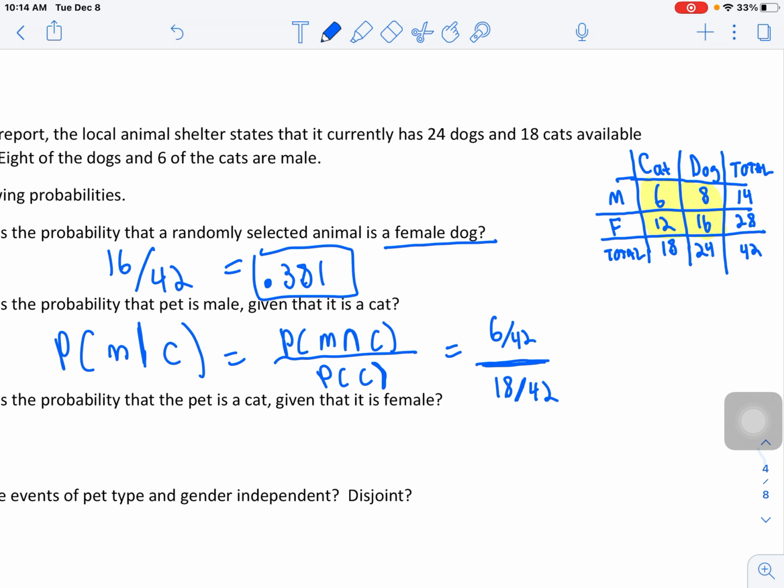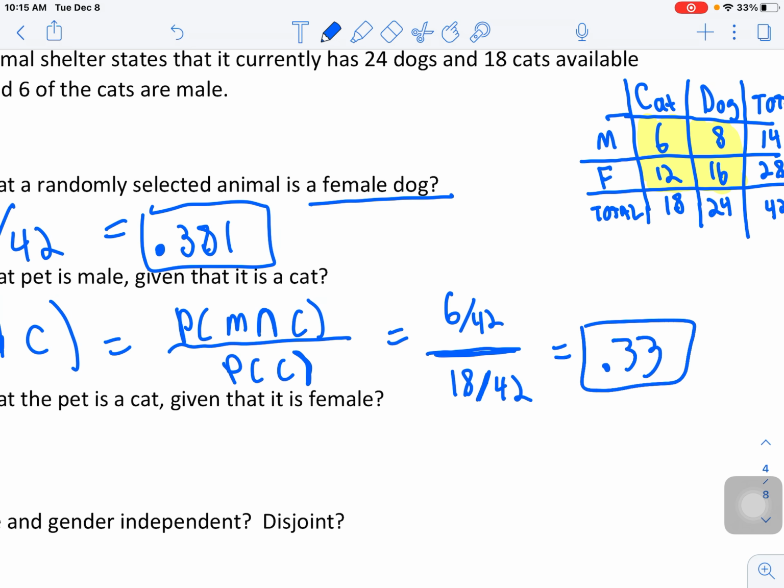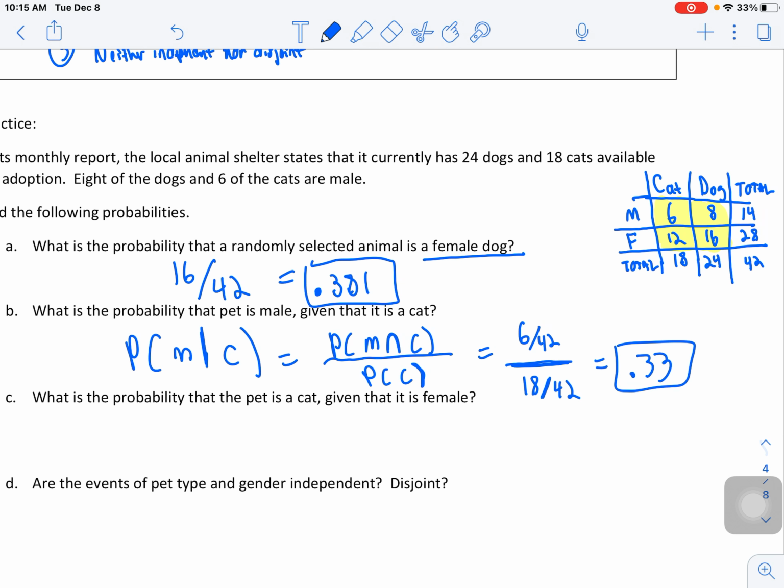And what you see here, when we do these two-way tables, is the denominators end up canceling each other out. It's really just 6 out of 18, which is 1/3, about 0.3 repeating. All right, so the probability that we pick a male given that it is a cat is 33%.